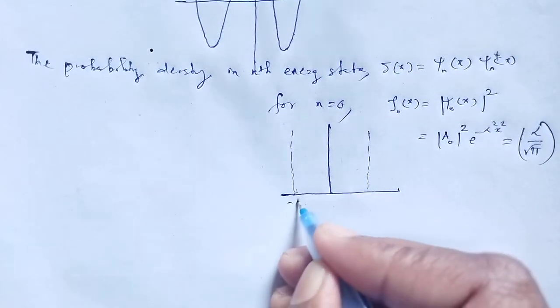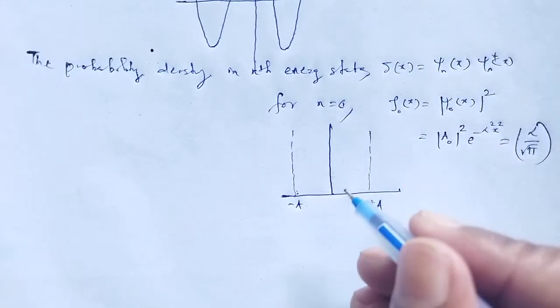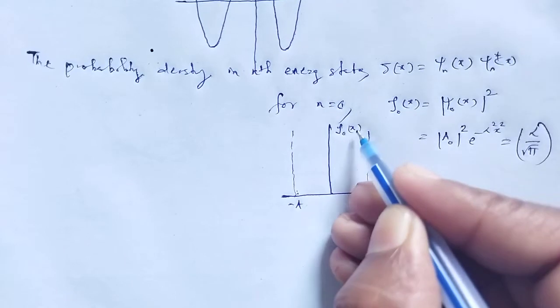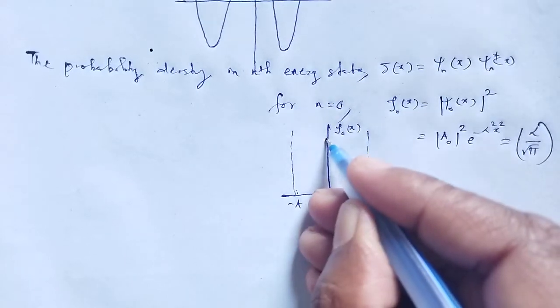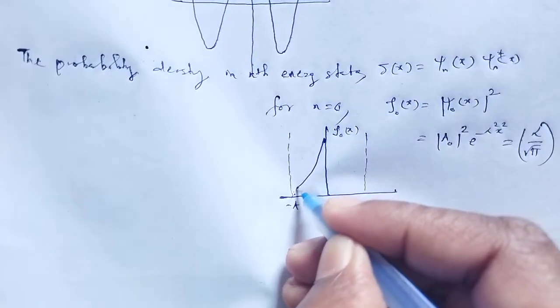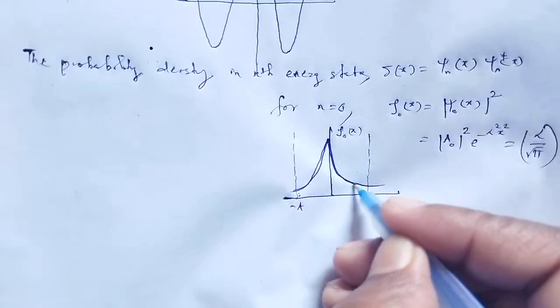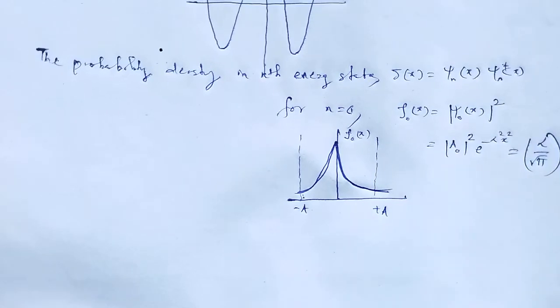If we take it as minus a to plus a, and this stands for rho naught of x. This is the probability of finding the particle in that region.